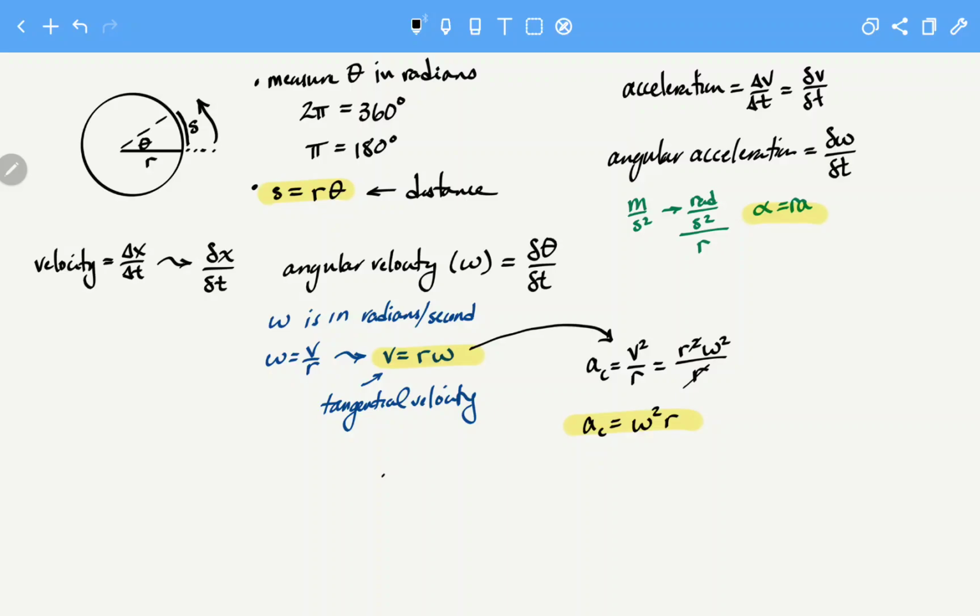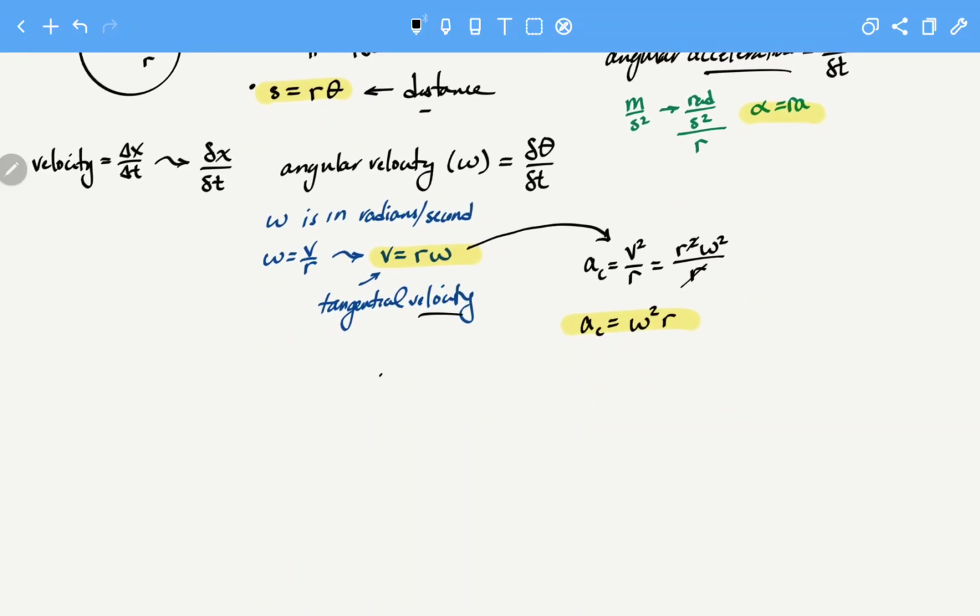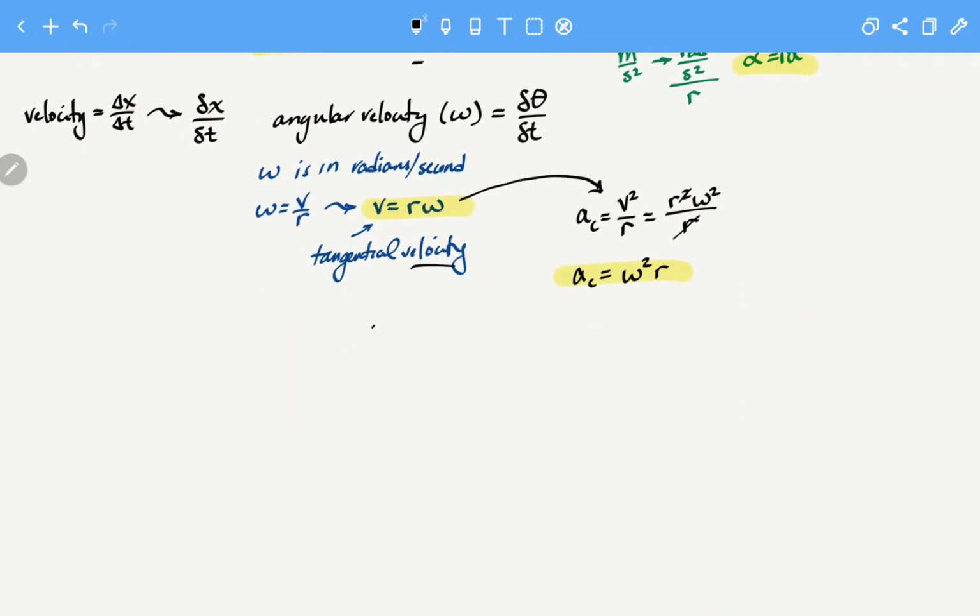So now let's go back to that summary of our analysis. So far in rotational motion, we've made direct analogs between distance, velocity, and acceleration. So let's put those all in one spot so we can see it.